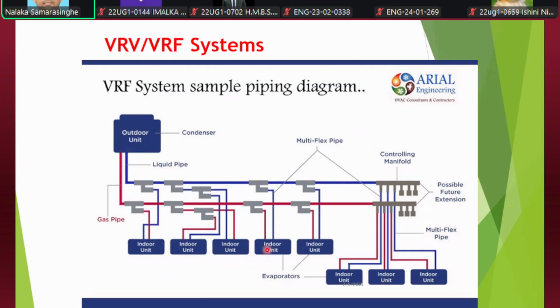Since now let's say we are running only a few of these units, the refrigerant flow will change accordingly. And if you are not operating one of these units, then the refrigerant flow will be bypassed, and it will go to the next unit that is operating.